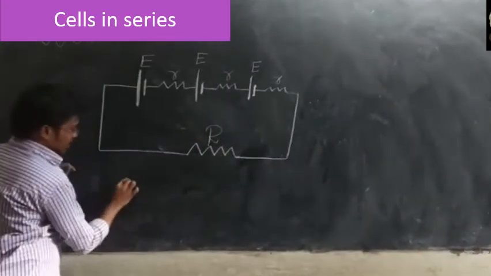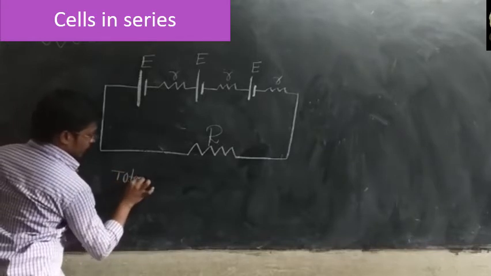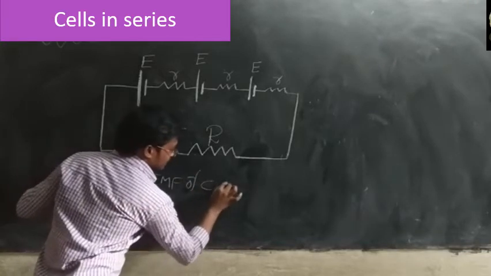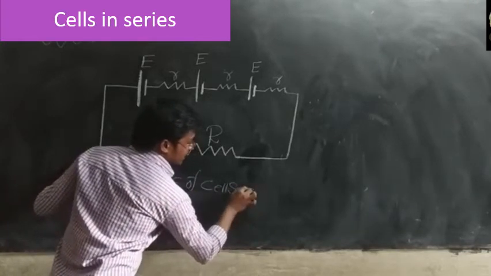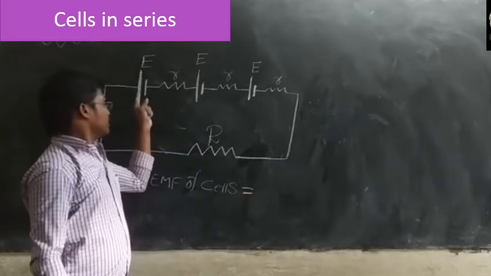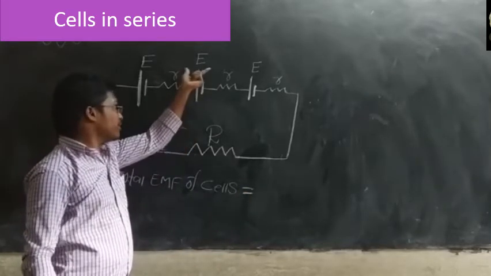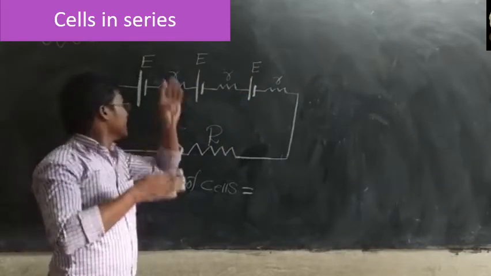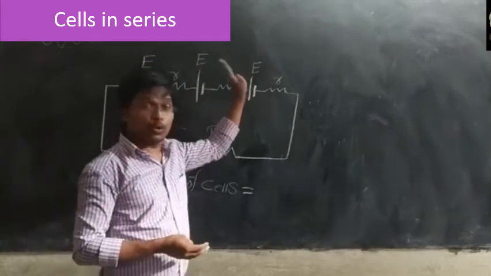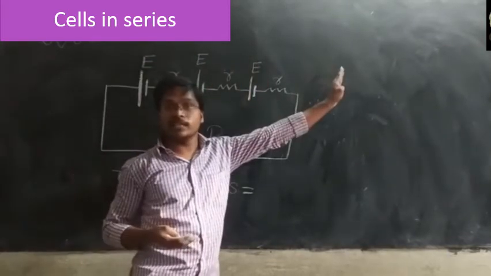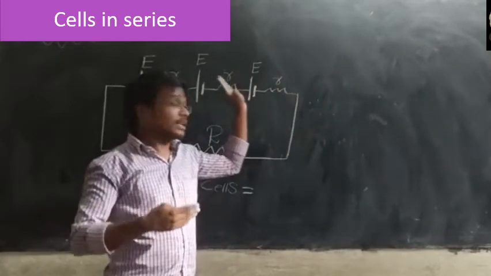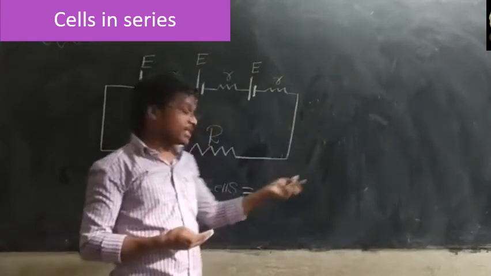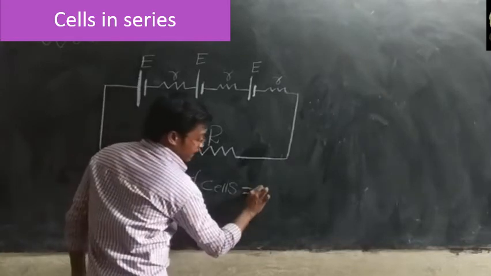Total EMF of cells equals: this cell EMF E, this cell EMF E, this cell EMF E. We should add them: E plus E is 2E, plus E is 3E. Like that, n number of cells are there, so E plus 2E plus 3E and so on, up to nE. So the total EMF of the cells is nE.